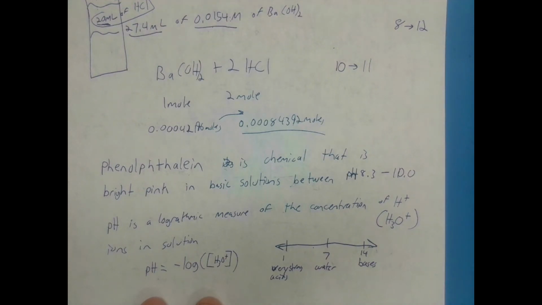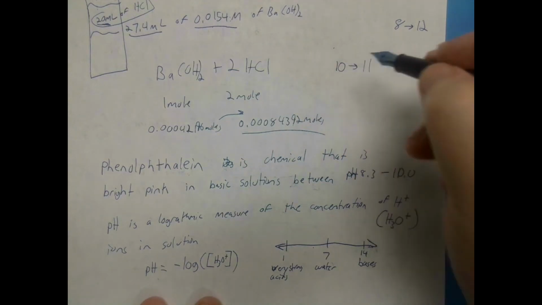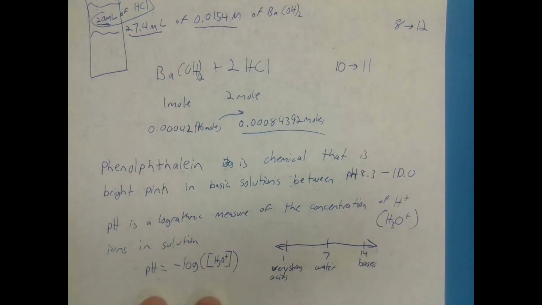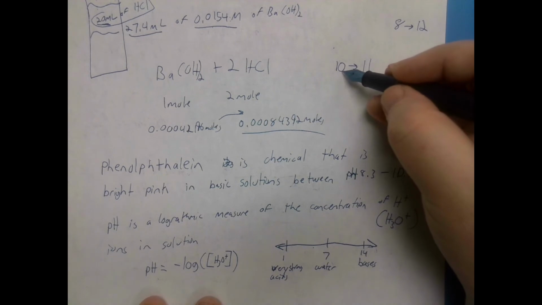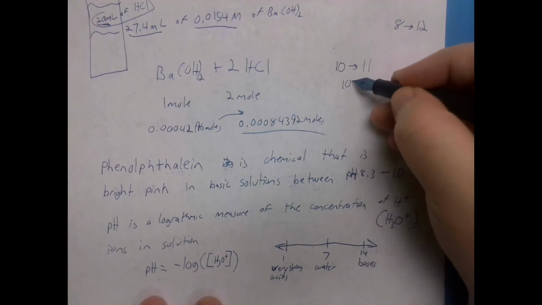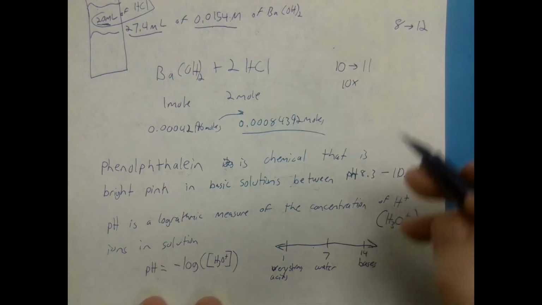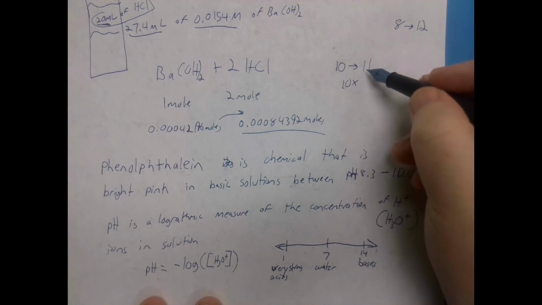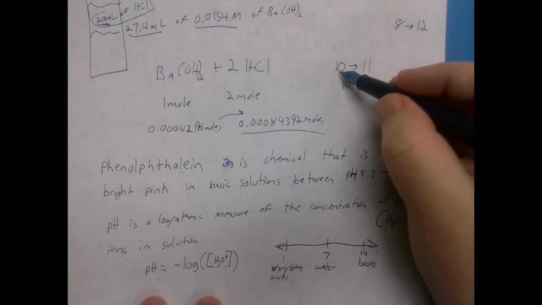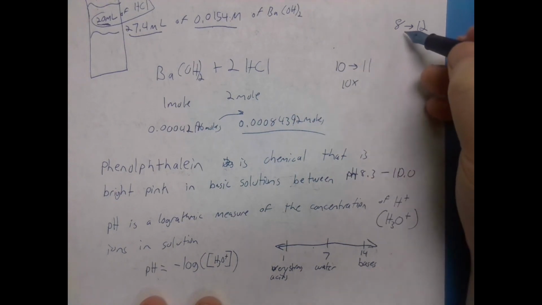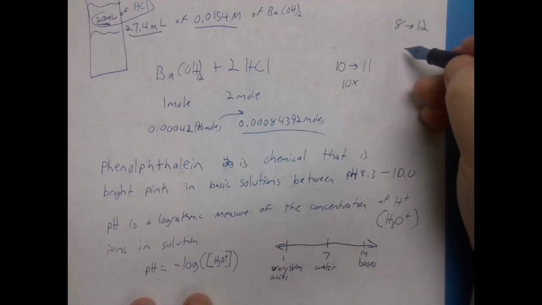How much has the concentration gone up, if these values were logarithmic? For every 1 you increase, you change by 10x. So going from 10 to 11, 11 is 10 times bigger than 10. So what would this be?